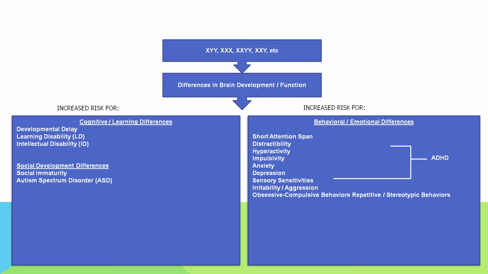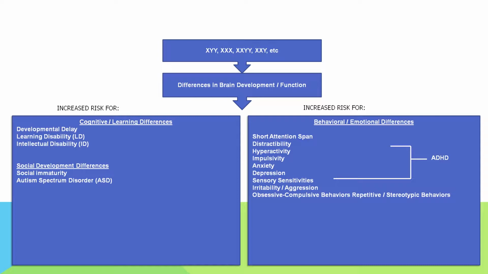The way that I always talk with families about conceptualizing all the different risks in these conditions is that the genetic condition is on the top. So whether you have XYY, XXX, XXY, XXYY, the primary condition, the sex chromosome variation, is on the top.